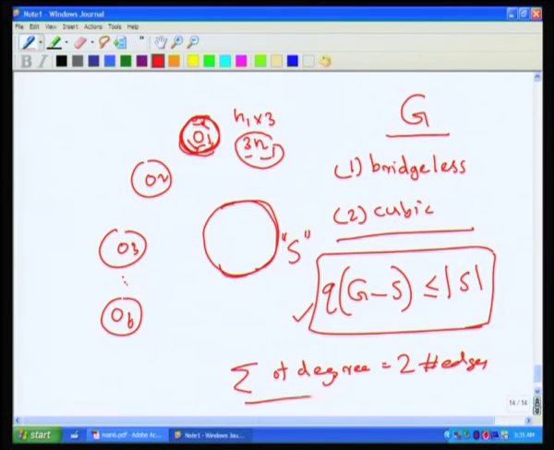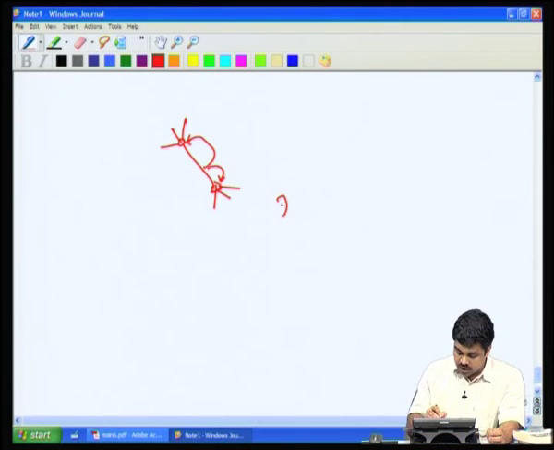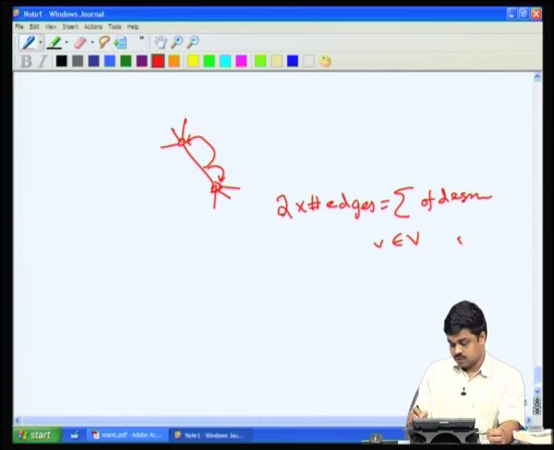Why is it so? If you consider any edge, it will contribute 1 to the degree of this endpoint and another 1 to the degree of the other. So, each edge is contributing 2 to the sum of the degrees.